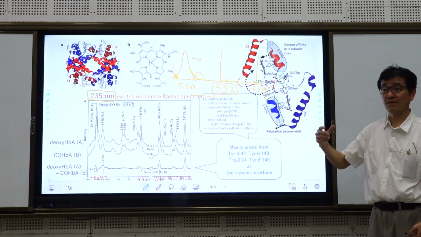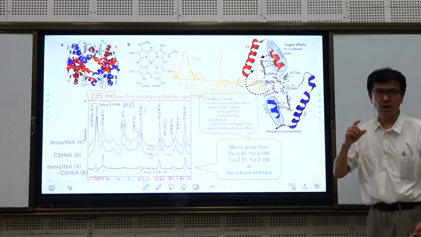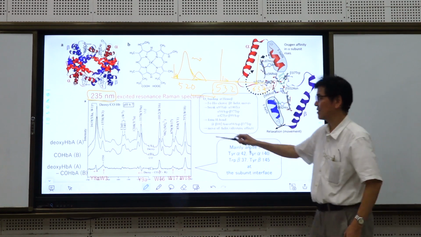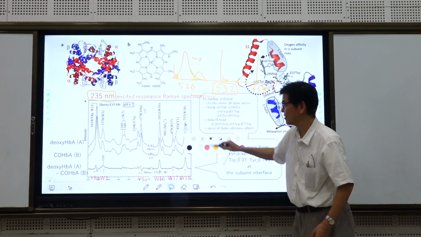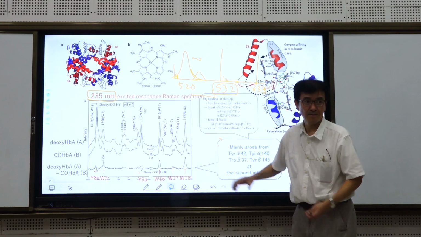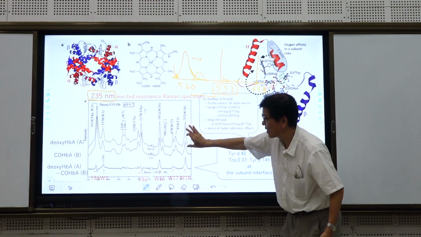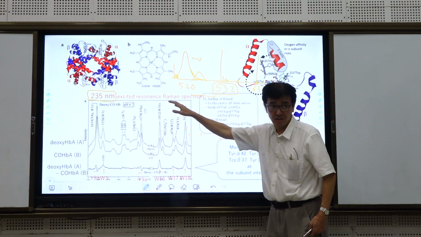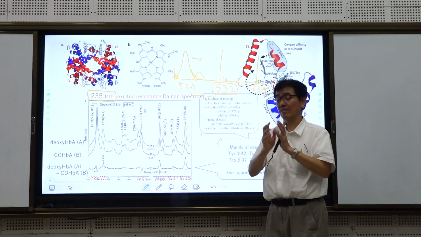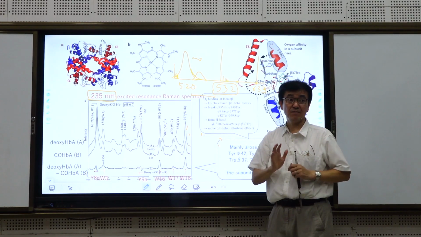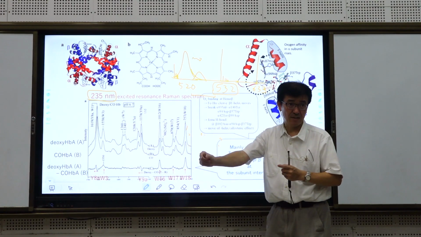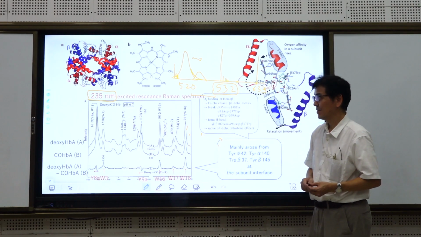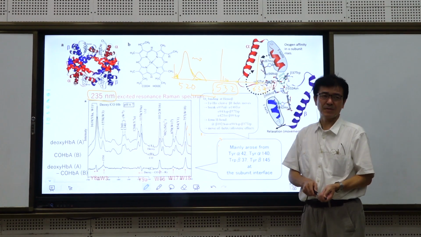I start the resonance Raman measurement with 1 or 2 milliwatts, and after 5 minutes, the intensity becomes 70%. So the intensity becomes smaller and smaller with time. That is, UV irradiation damages the sample, so decomposition occurs. So every 5 minutes I replace the sample with a new one, and accumulate for 1 hour. So it's a problem indeed.